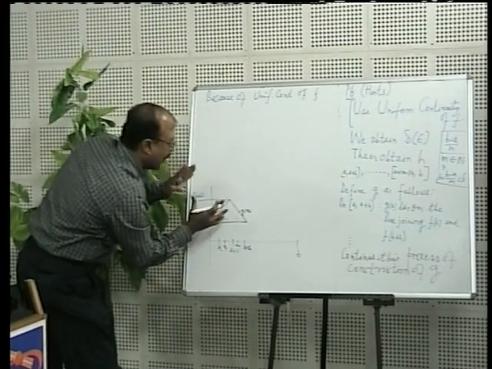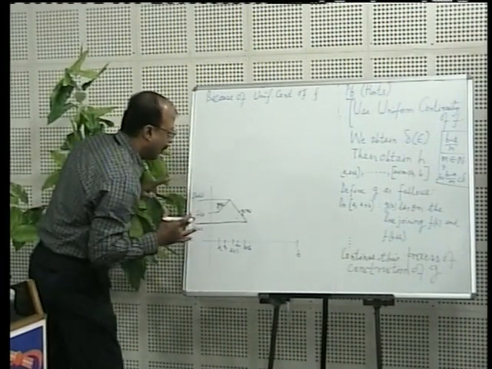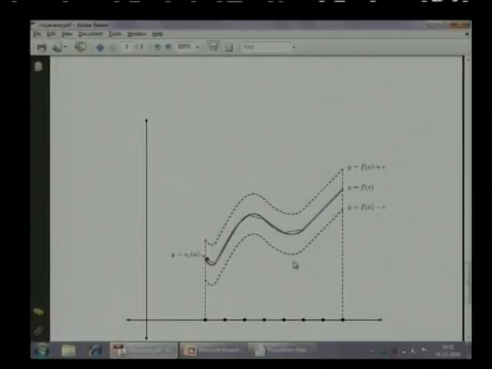This is maybe a little more microscopic look. But when it comes to actually sketching it, you can see that there are straight lines very close to the actual graph. That graph lies in a tunnel. What is the tunnel? The top part is f of x plus epsilon. The lower part is the graph of f of x minus epsilon.